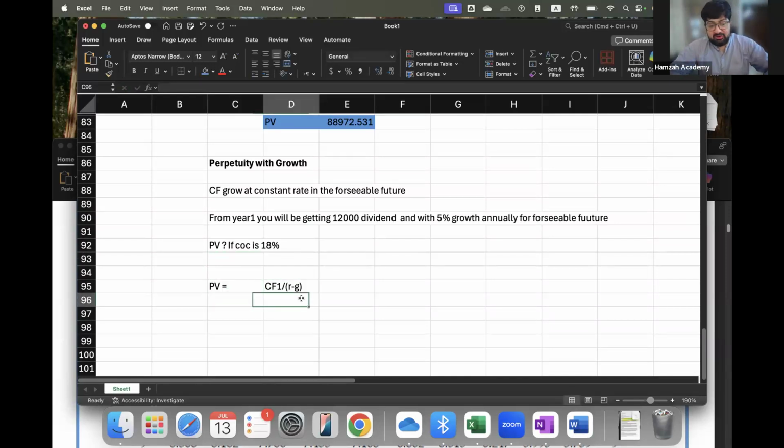Cash flow in the first year of perpetuity, 12,000, divided by R, discount rate, 18%, minus growth rate of dividend, G, 5%. This is the present value of perpetuity with growth.